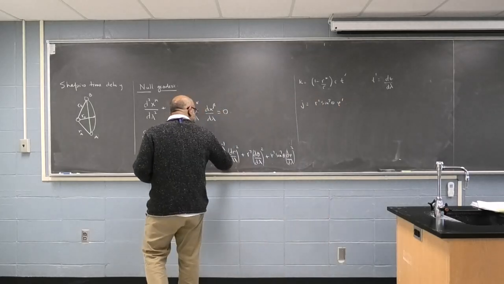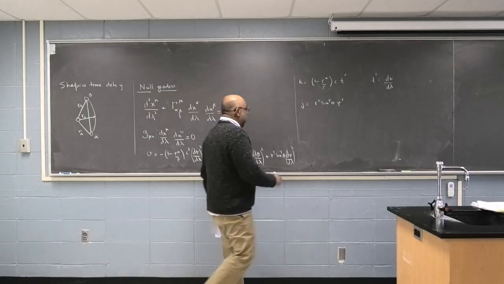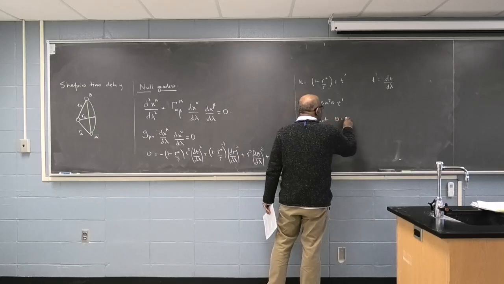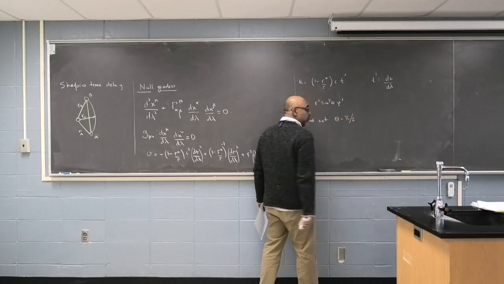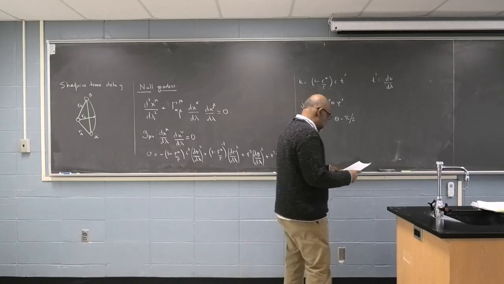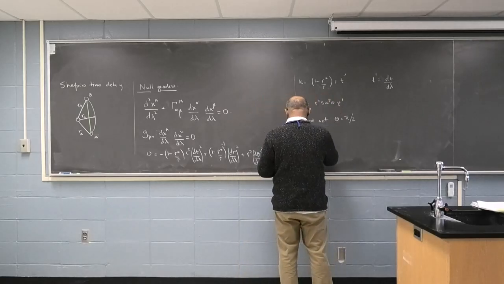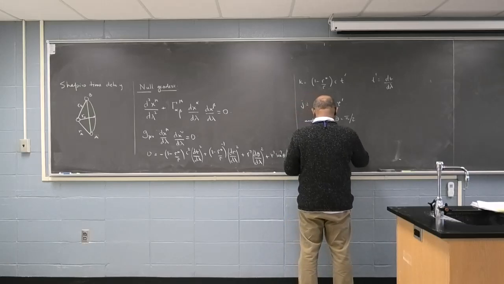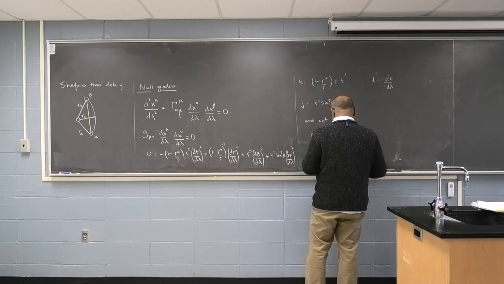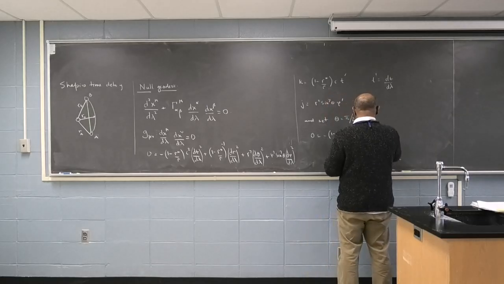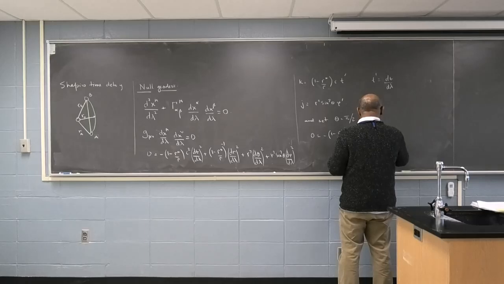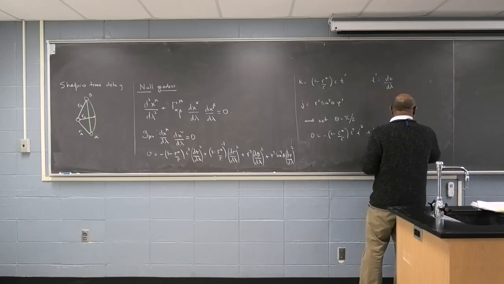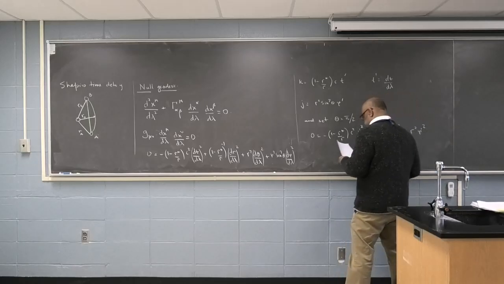Once again, I'm going to take this, put these constants in, and set theta equals what? Pi over 2. So I will get a very simple equation. This is minus r star over r, c squared t prime squared, plus 1 over 1 minus r star over r, r prime squared, plus r squared phi prime squared.